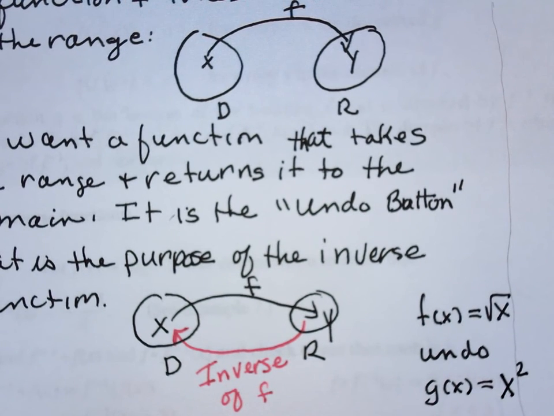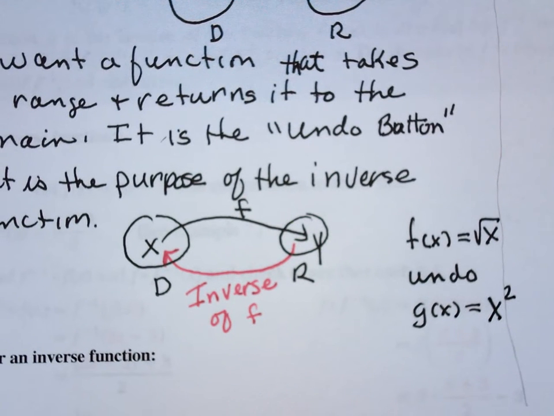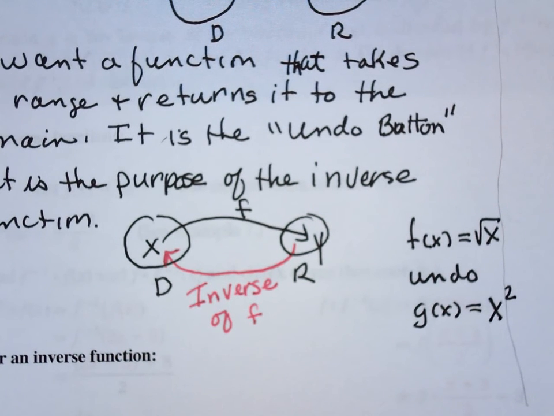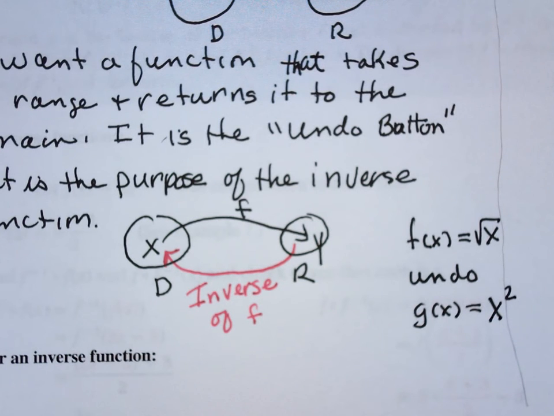It's the undo button. What undoes square root? Square. What undoes square? Square root. That's the purpose of the inverse function. It helps us solve equations. It undoes something that was done so we can solve for x.